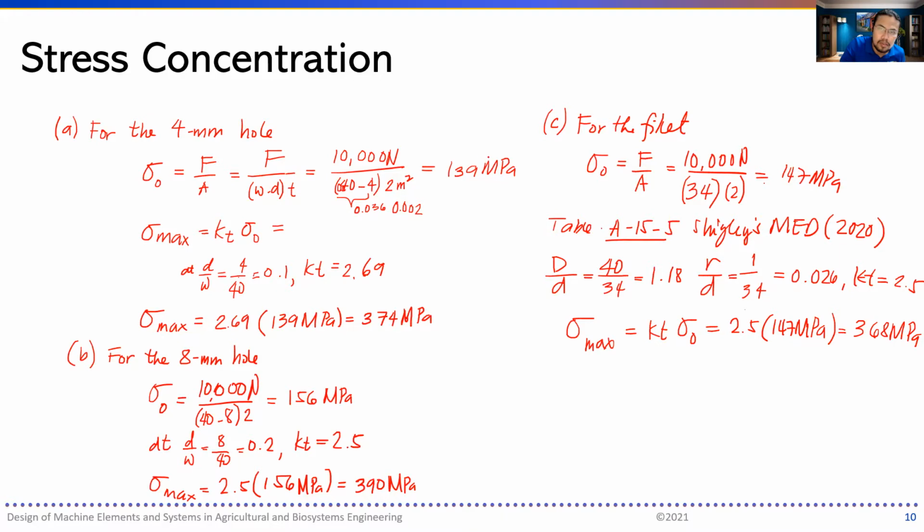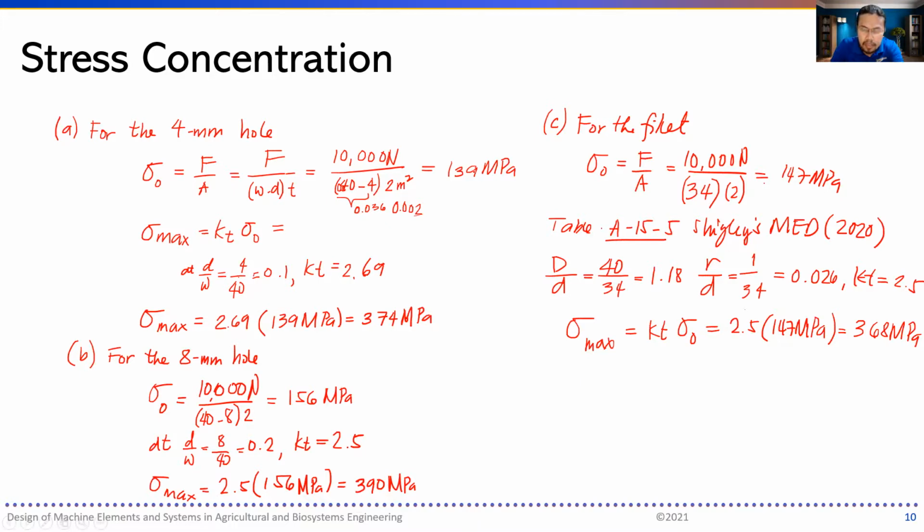So it's going to be gigapascals already. This is in mega. So divided by 0.004, 0.04, and divided by 0.002 will give values that are much bigger.